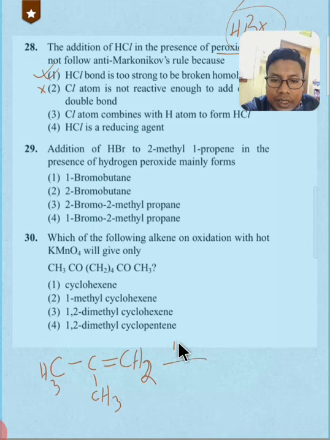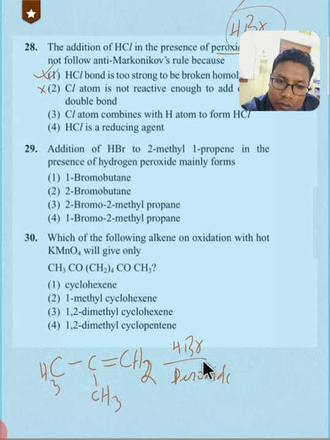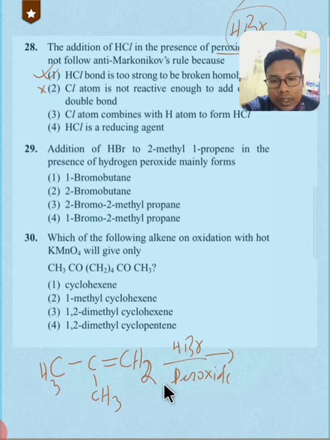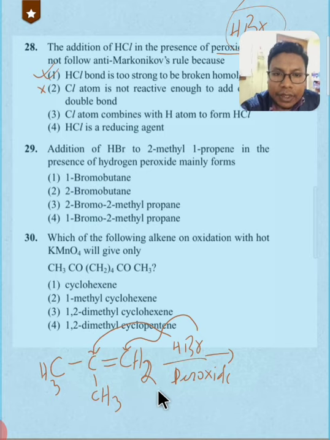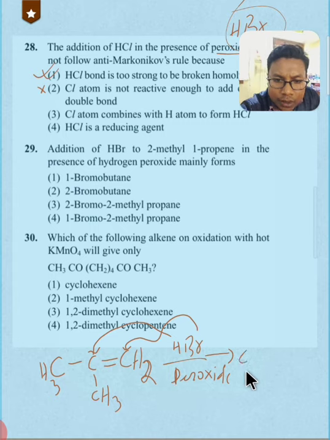Now if HBr is added in presence of peroxide, this will follow anti-Markovnikov rule. According to anti-Markovnikov rule, Br will be added to that carbon atom having the larger number of hydrogen atoms, and the hydrogen will go to this carbon atom, right? So we are going to get CH3, CH3.